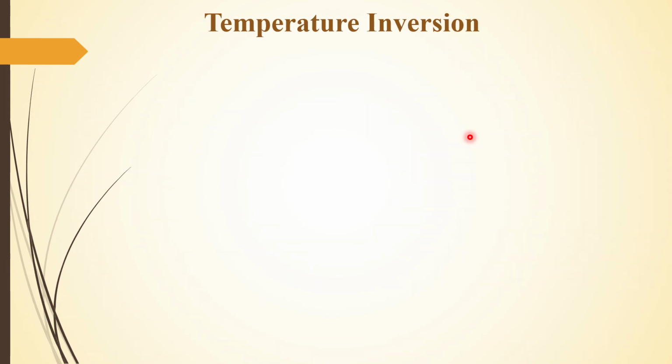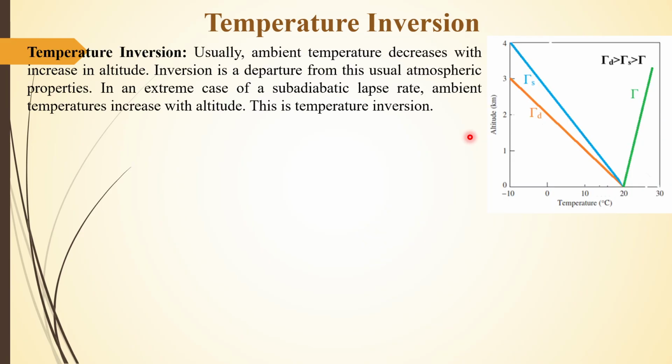Now, what is temperature inversion? This is also discussed in my earlier videos. Usually, ambient temperature decreases with increase in altitude. Inversion is a departure from these usual atmospheric properties. In an extreme case of subadiabatic lapse rate, ambient temperature increases with altitude.